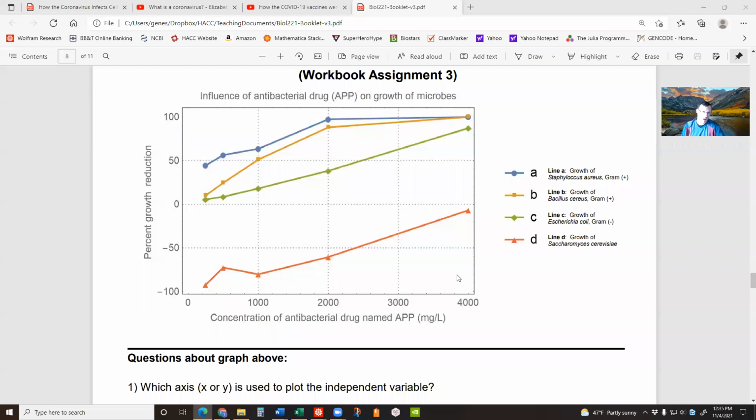So you're either all right or you're all wrong. And folks, you are absolutely all correct. Yes, the answer for question 1 is the x-axis. I'm not going to type these things out in any official way, but if you do want to make some comments on your workbook, if you've got something wrong, you need to correct it, please do that. Okay, so the x-axis.